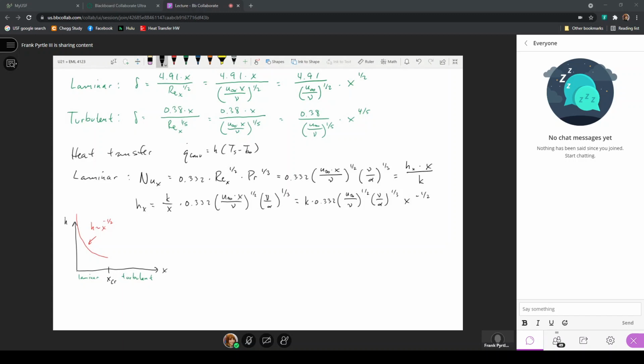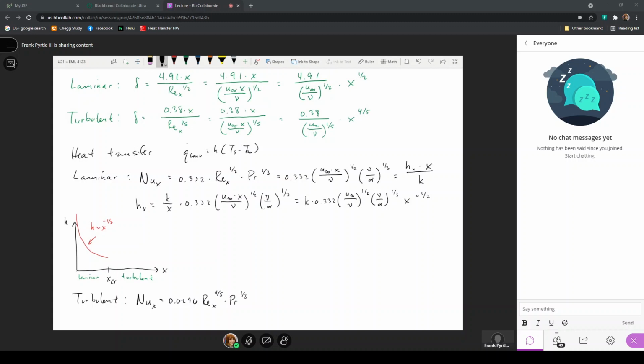interacts with the solid surface, where we have heat transfer occurring, in the turbulent flow condition, we have the definition of a local Nusselt number, Nu sub x, and it is 0.0296 times the Reynolds number raised to the 4/5 times the Prandtl number raised to the 1/3 power.